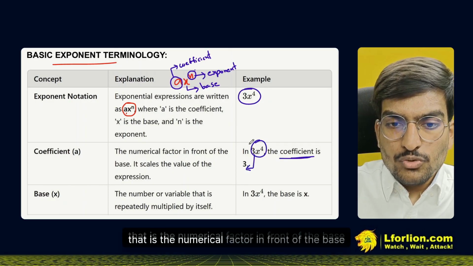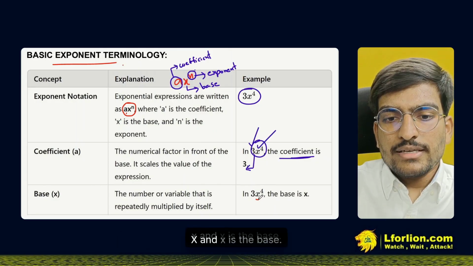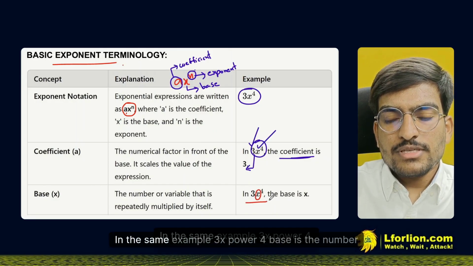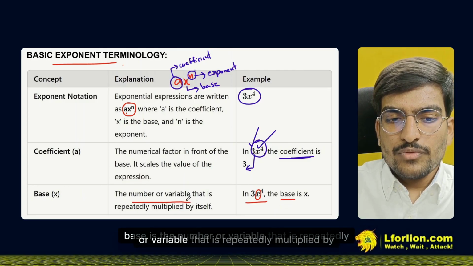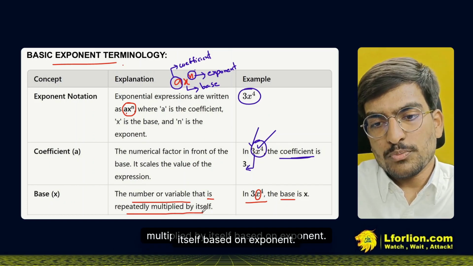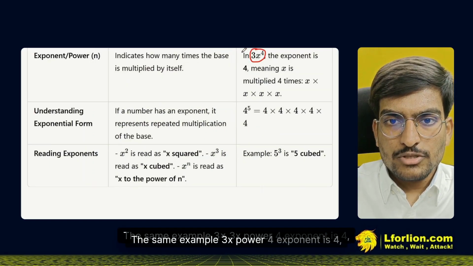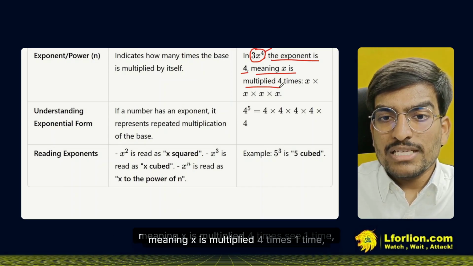That is the numerical factor in front of the base x, and x is the base. In the same example, 3x power 4, the base is the number or variable that is repeatedly multiplied by itself based on the exponent. The exponent is 4, meaning x is multiplied 4 times.